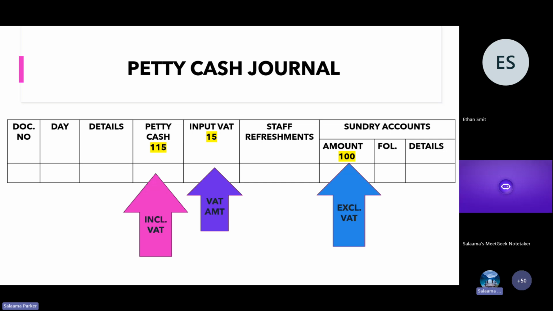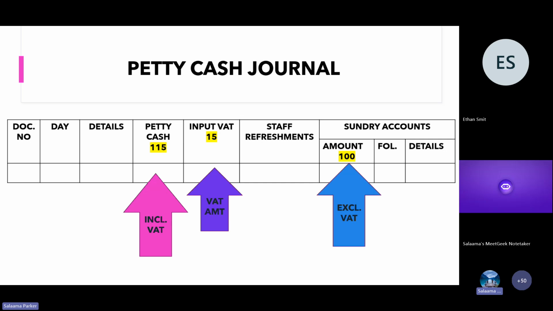You'll also see you have to put in your date, your details, and then into the petty cash column is the inclusive VAT amount, it's input VAT, and then we have staff refreshments column, and then again, if it's not staff refreshments, for example, if it's fuel, if it's drawings out of petty cash, if it's stationery, if it's postage that we bought, and we do not have a column for it, it will then go to sundry accounts.